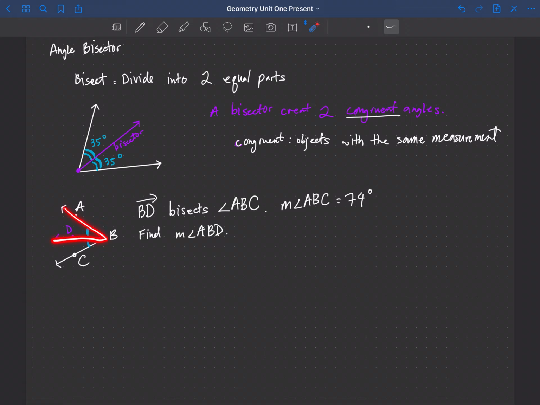ABD is 1/2 of the entire angle. So we can take 74 degrees and we can divide it by 2. 74 divided by 2 equals 37 degrees. That means measurement of angle ABD equals 37 degrees.